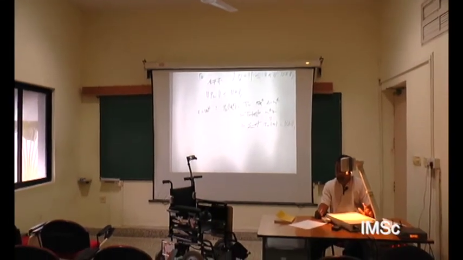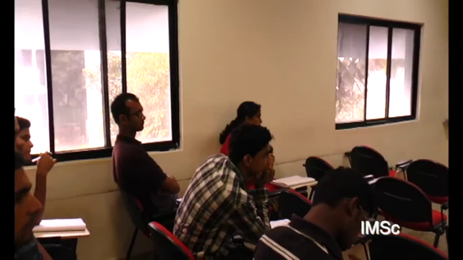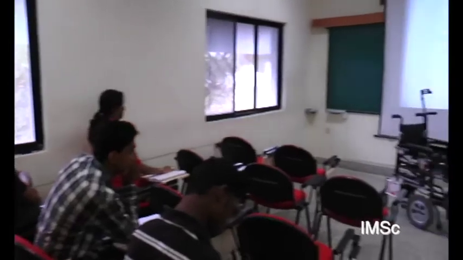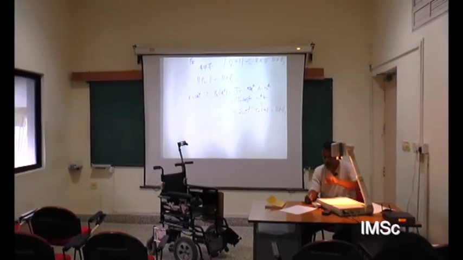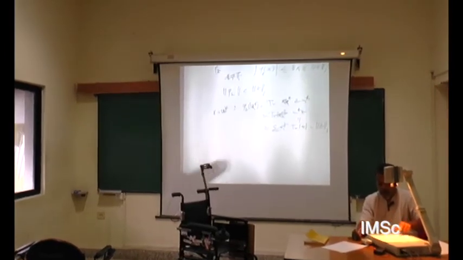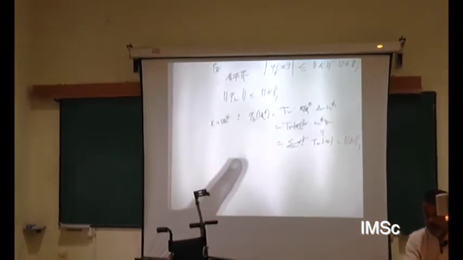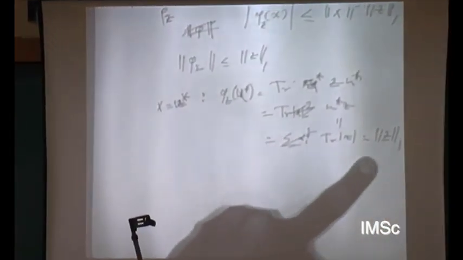We were trying to show that the extreme points of the unit ball of B of H were partial isometries. That means you take the absolute value of a linear functional, it will be attained at a partial isometry by the Krein-Milman theorem, and so that is what is being illustrated here. The phi z attains this norm at u star, and that is exactly equal to it.